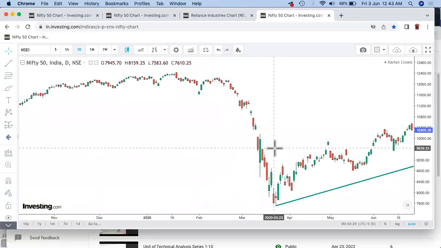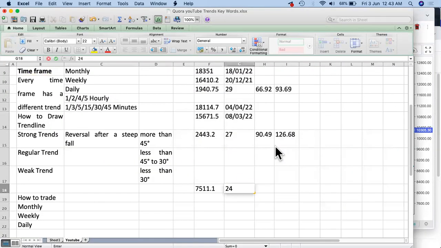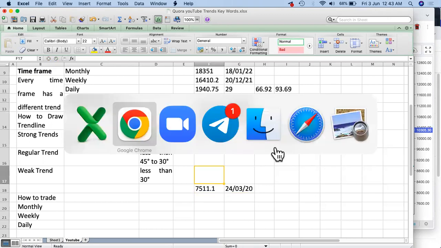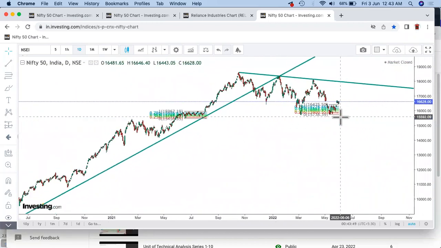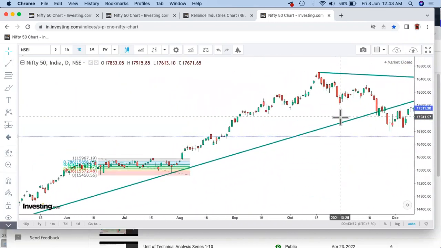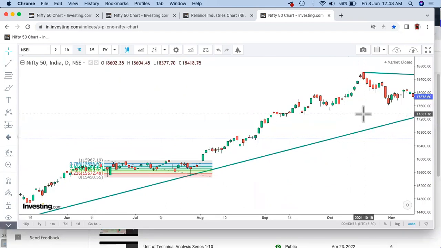The date over here is 24th 3 2020. All right, and now we go for the high of probably this bull market, or the high till now. The high of till now has been 18604.45.